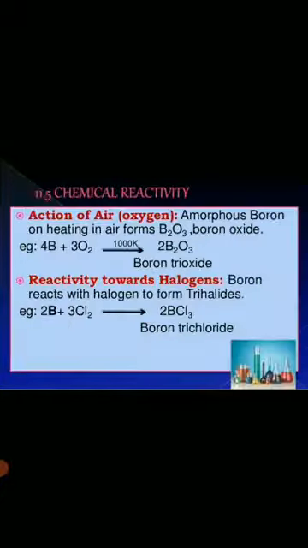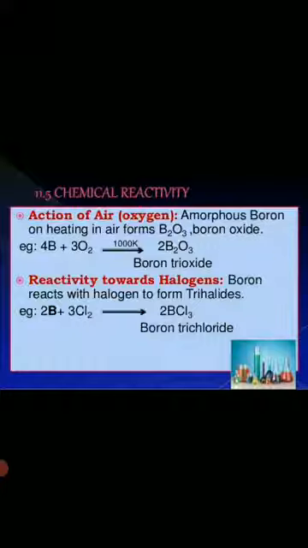The chemical reactivity of the boron family. Action of air. Amorphous boron on heating in air forms boron oxide, that is B2O3, but the temperature has to be kept high. Whereas aluminium reacts with water and air, that means moisture, and will form a protective layer of aluminium oxide.